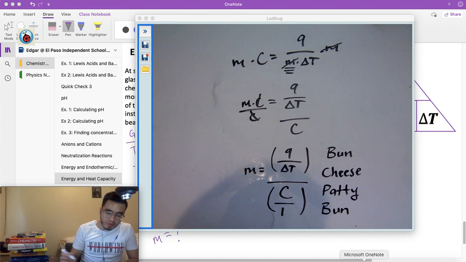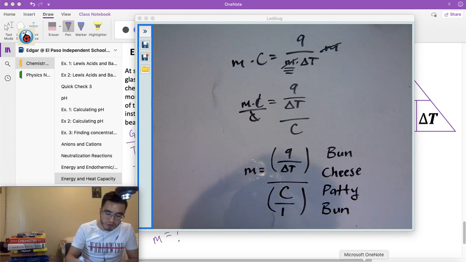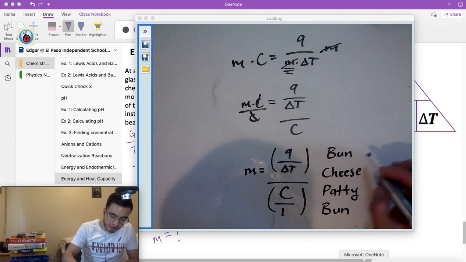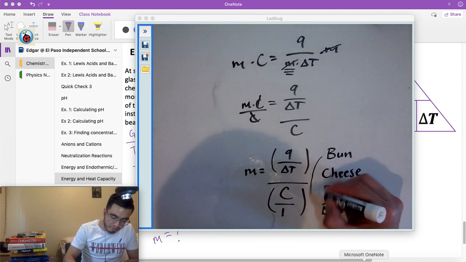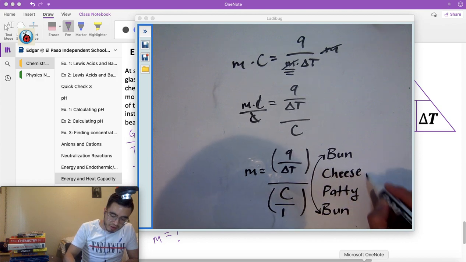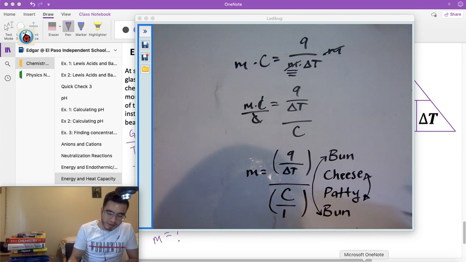So we always put the buns in the toaster and patty with cheese on the grill. So these two go together, bun and bun, and then cheese and patty go together. So we're going to multiply them together. So bun multiplies bun, then cheese multiplies patty. Okay?